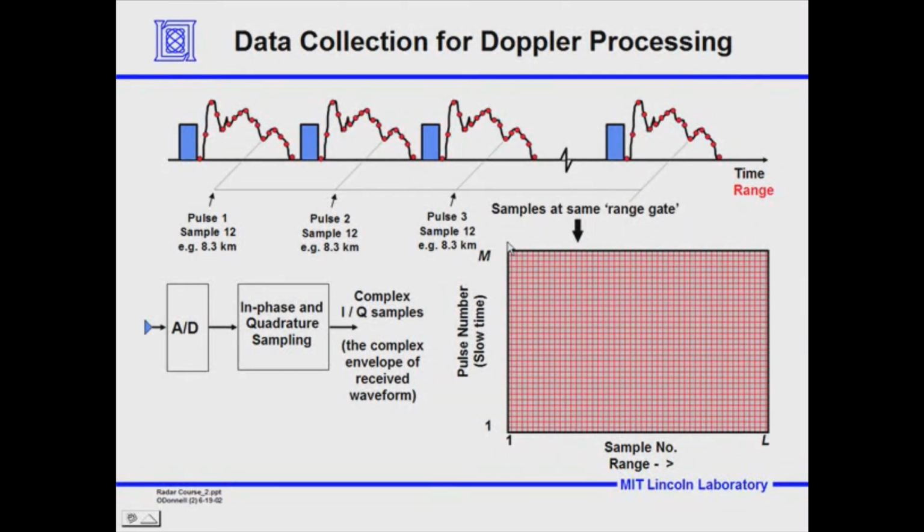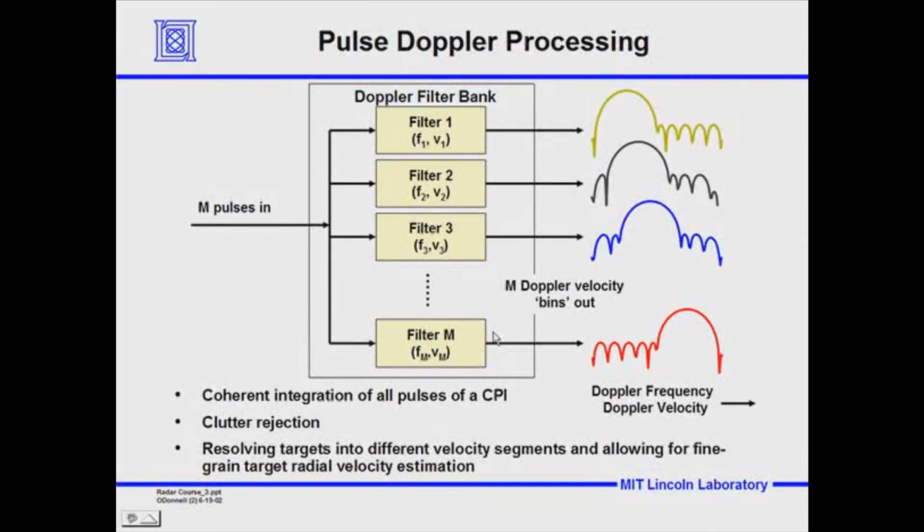Remember when we were talking about MTI processing, we just sent out 2 pulses and subtracted them, or 3 pulses and took the first one minus twice the second plus the third one, and that would be a kind of high-pass filter that would pass anything that was moving. Now we're going to look at much more complicated processing, where instead of just seeing if the target's moving, we're going to make an actual measurement of the target's velocity, radial velocity, that is.